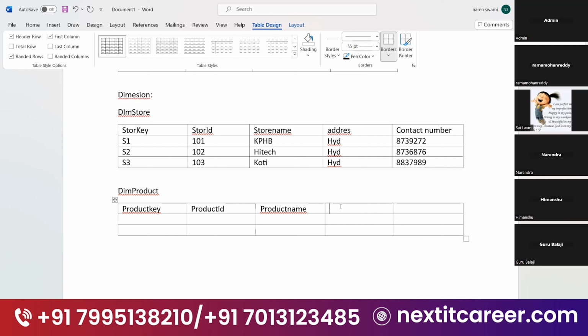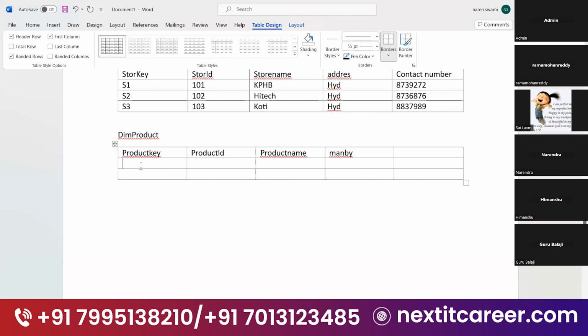The product table also has details like manufactured by. Suppose the product key is P1, the product ID is 201, the product name is some X, and it is manufactured by some private limited company.